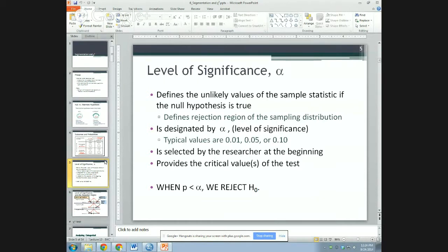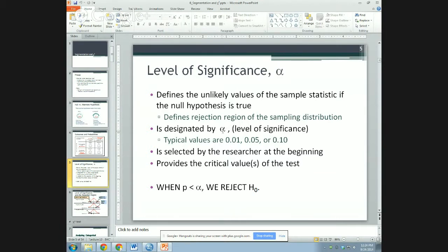And we do this using a rejection region of the sampling distribution. And to find the rejection region of the sampling distribution, we use alpha, which is a measure of significance.